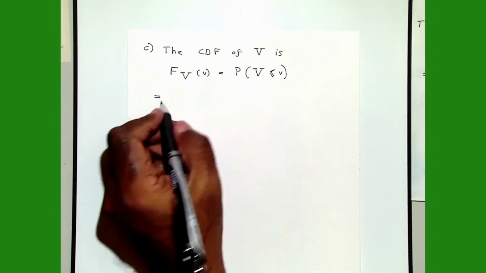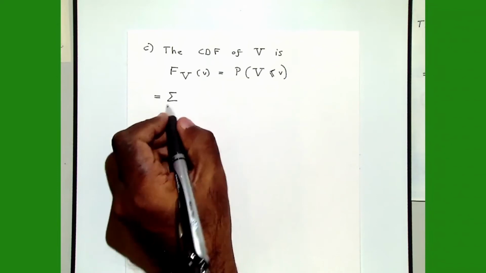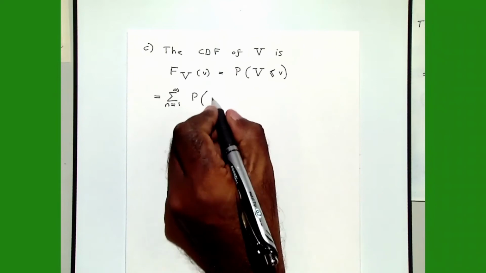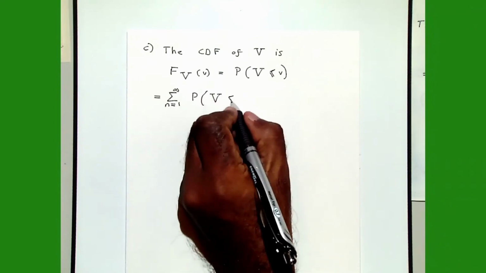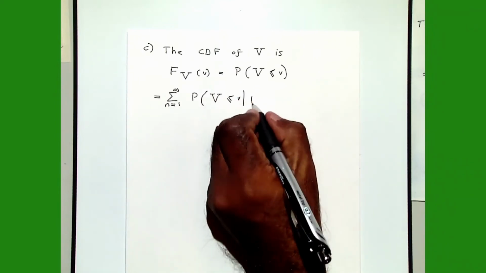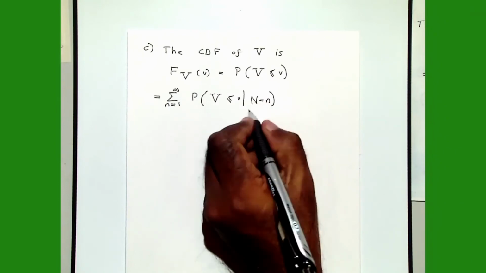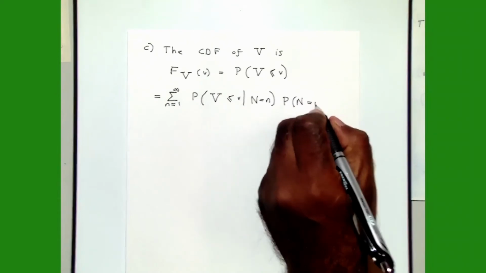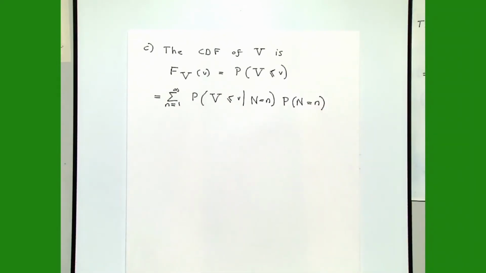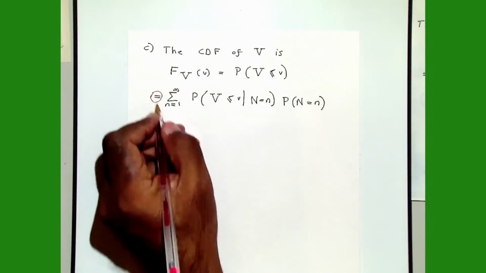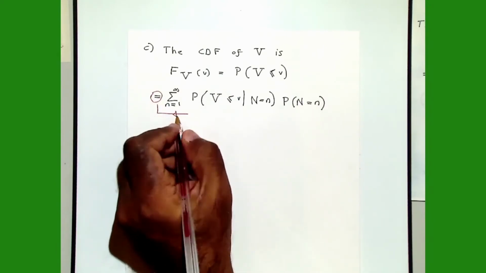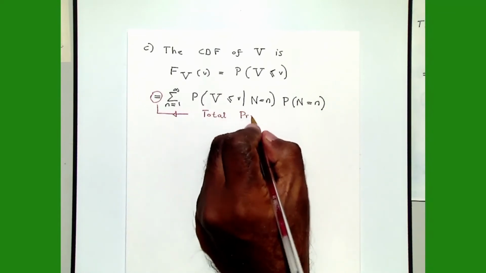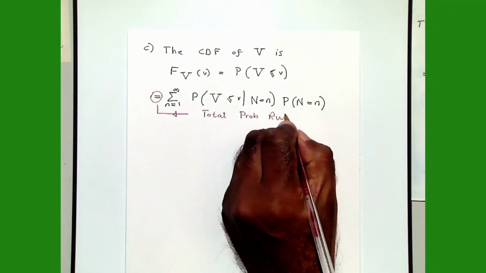So you can write this probability as the sum from 1 to infinity of the conditional probability, given that the number of investments is fixed, times the probability that capital N equal to little n. So once again, I have used the total probability rule.